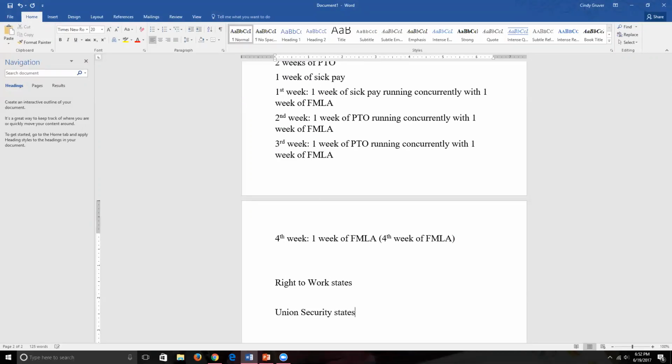Generally, states in the southern part of the country are more likely to be right to work, and states in the northern portion that typically have a higher rate of unionization are more likely to be union security states. So you could say that these are more anti-union jurisdictions, and these are more pro-union jurisdictions.